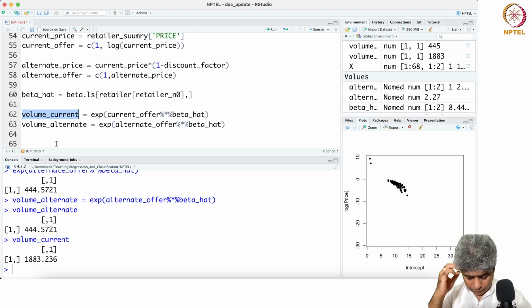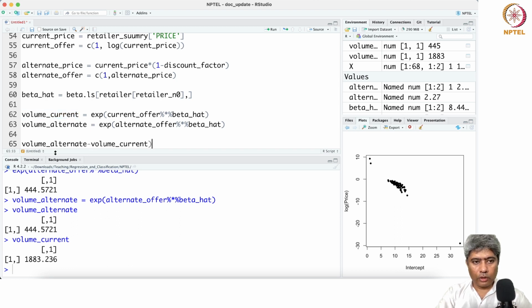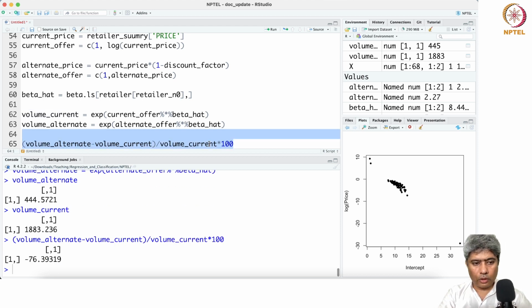Okay. So alternate offer minus current offer divided by volume of current offer times 100. Okay.